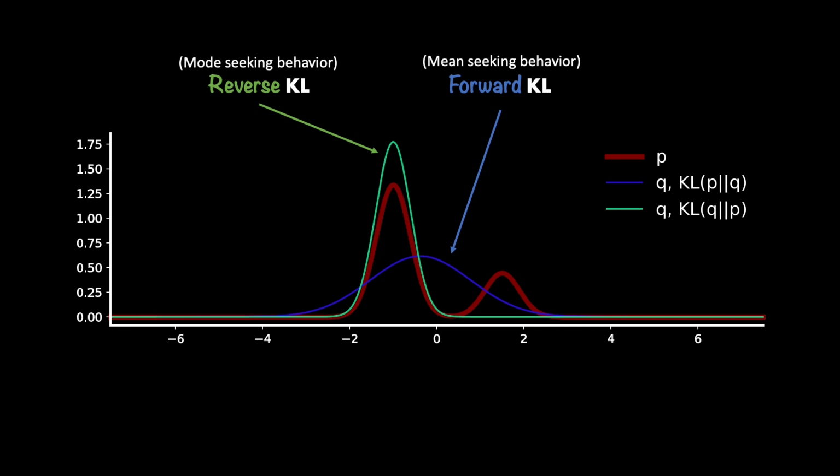Which one is better? It would be a tad bit difficult to answer. One way I can justify that reverse KL is better, at least for this toy example, is because it is at least picking up the main mode of the distribution. Now, most of the time when you are doing density estimation and using variational inference, you do use reverse KL.